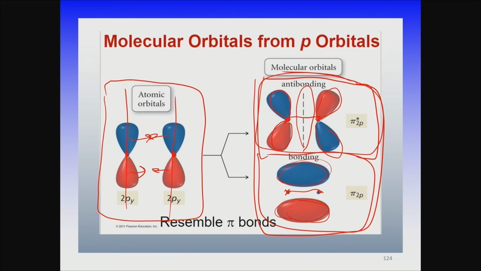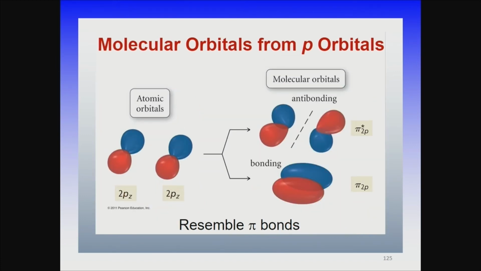So this is not cylindrically symmetrical, and so we have to call this a pi orbital. And because this is an antibonding orbital that was formed by destructive interference, we're going to designate this a pi 2p orbital, but we're going to put an asterisk here to indicate that it's an antibonding orbital.